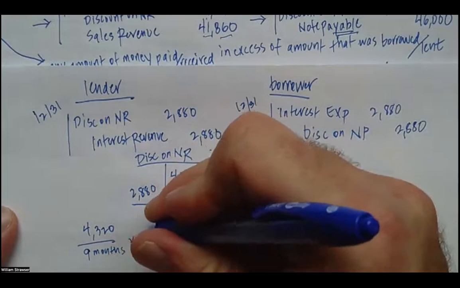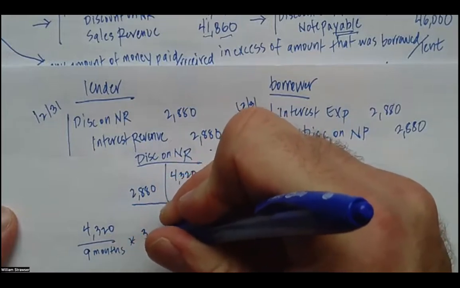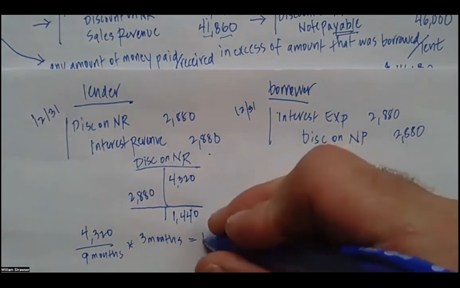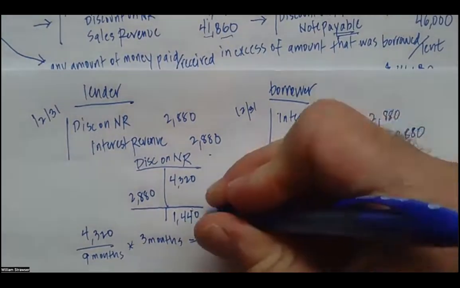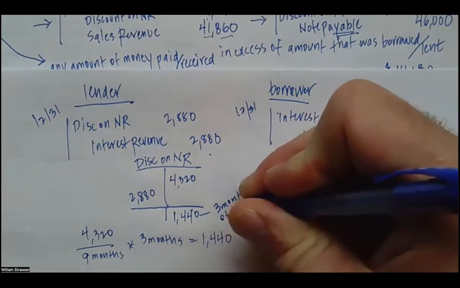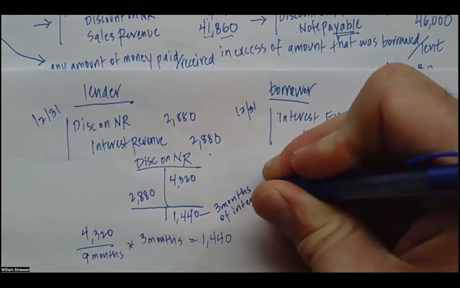And now we just want 3 months of it. Then 4,320 essentially divided by 3, because the 3 and the 9 reduce, gives me 1,440. So that represents the 3 months of interest remaining.